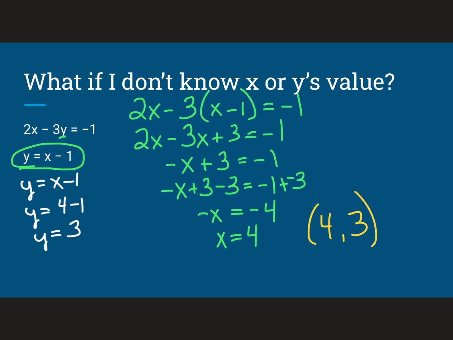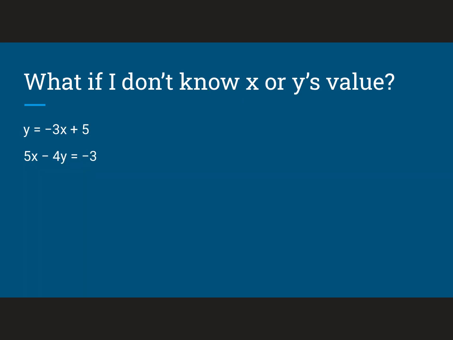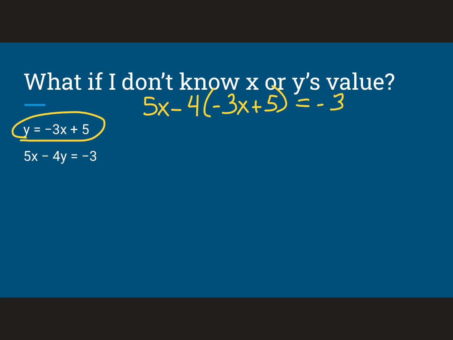Okay, one more practice problem. Here, I have y equals negative 3x plus 5. I'm going to put that into my problem. So I have 5x minus 4 times negative 3x plus 5 equals negative 3.